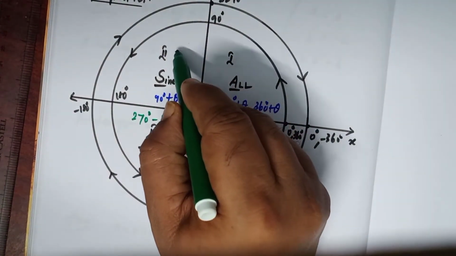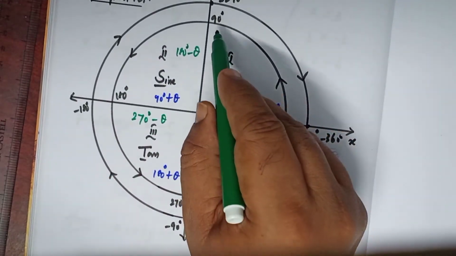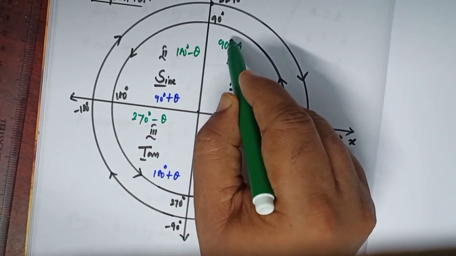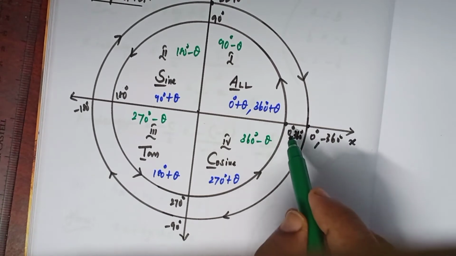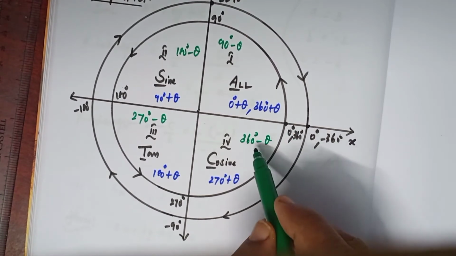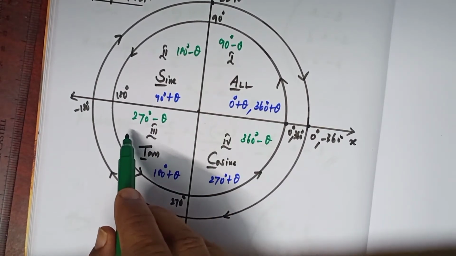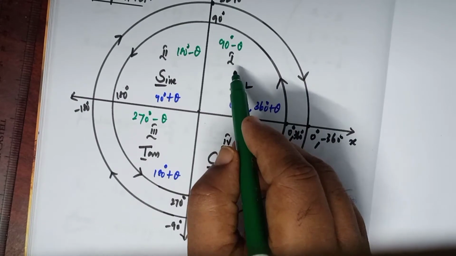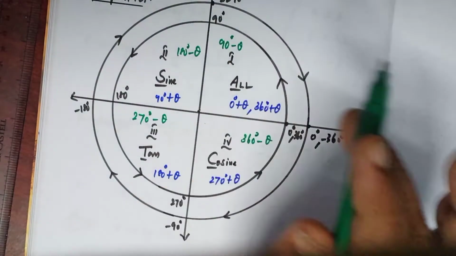Here 180, this one represents 180 degree minus theta, second quadrant. First quadrant, here we have 90, so 90 minus theta. Again I tell you, start from here, 0 degree or 360 degree, anything you can say, because 0 and 360 are same only. So 360 minus theta, fourth quadrant, since we have 270 here, 270 minus theta, third quadrant, since we have 180 degree, this is 180 degree minus theta, second quadrant. Here we have 90 degree, so 90 degree minus theta, first quadrant, clockwise direction.